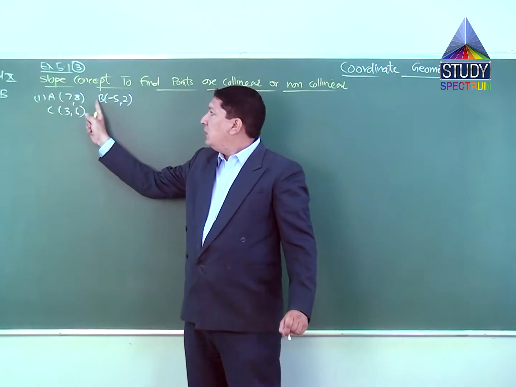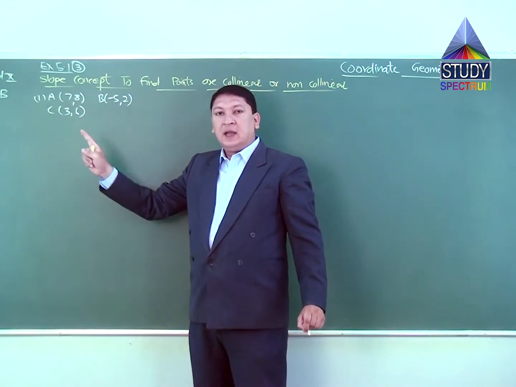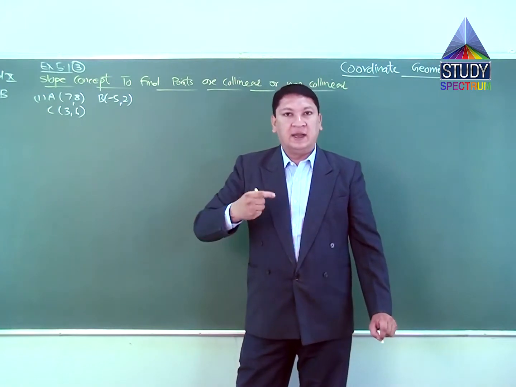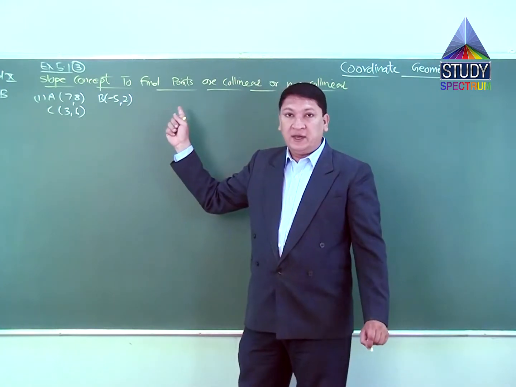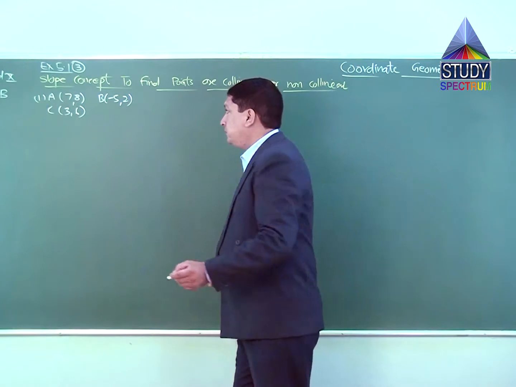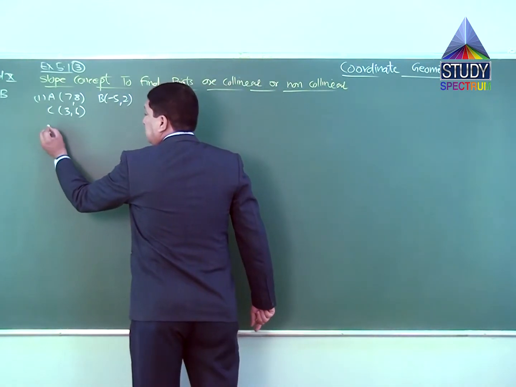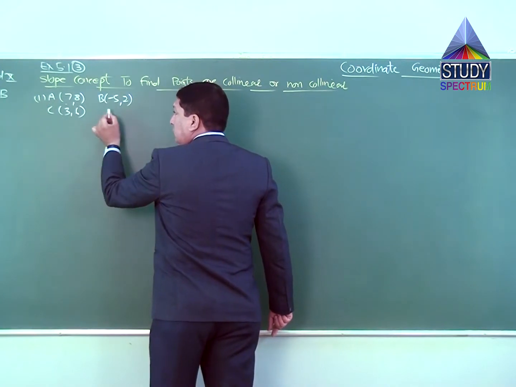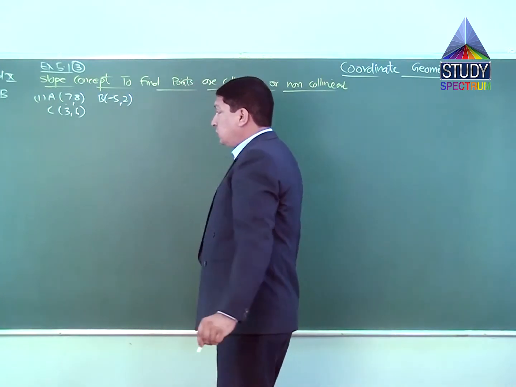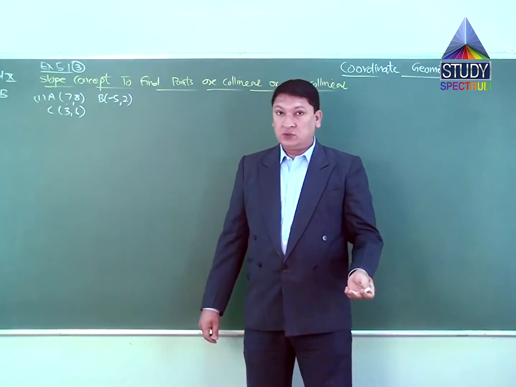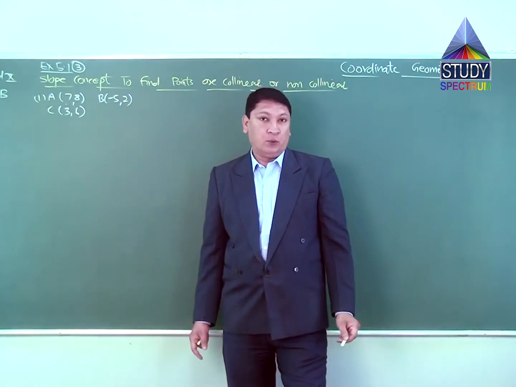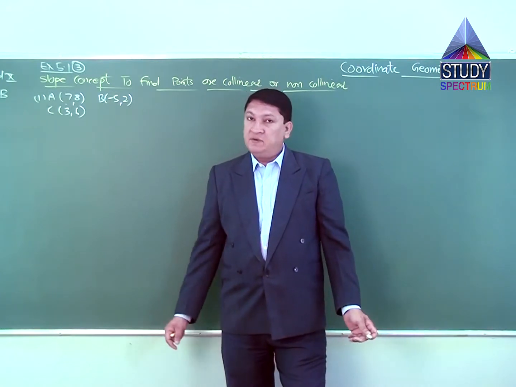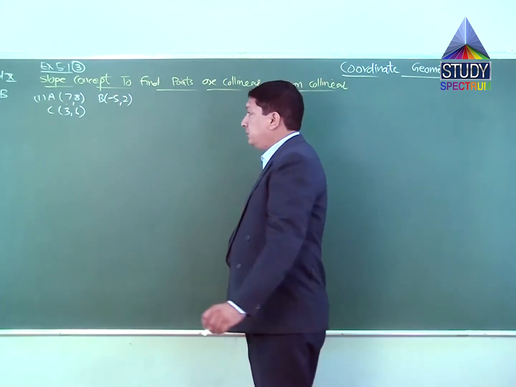So we need to find out whether these 3 points come in a single line or they do not come in a single line. In other words, whether points are collinear or not collinear. We'll find out the slope of AB. Then we'll find out the slope of BC. If slope AB is equal to slope BC, we can say points are collinear. If slope AB is not equal to slope BC, we will say points are non-collinear.